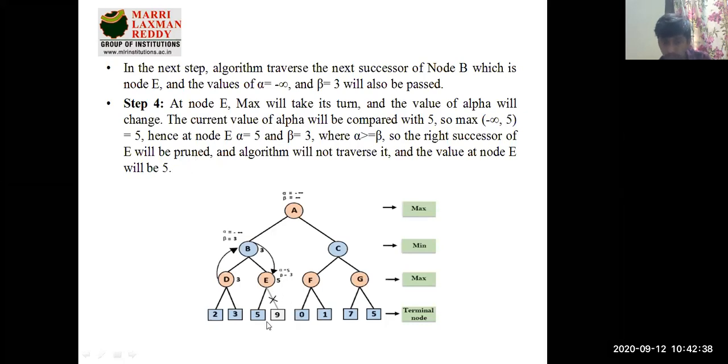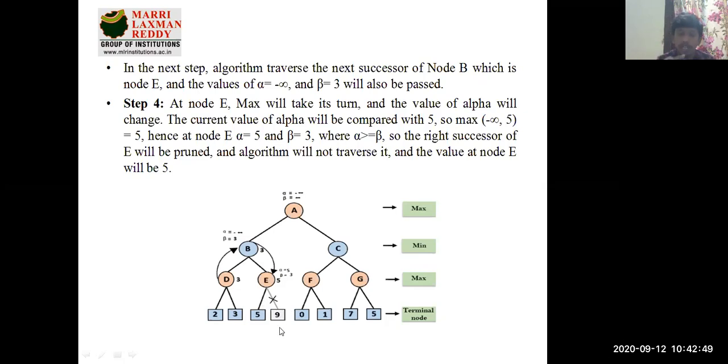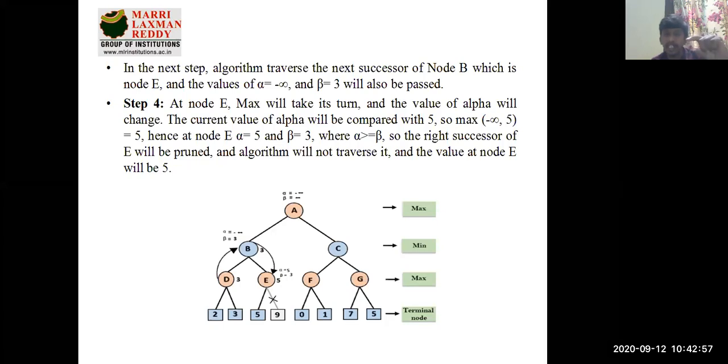So now here comes the concept called pruning. Among 5 and 9, you can see the value 9 is being removed, marked with a cross, which means we need not visit this value 9. Why? Because the condition alpha greater than or equal to beta, that is 5 greater than or equal to 3, is being satisfied.